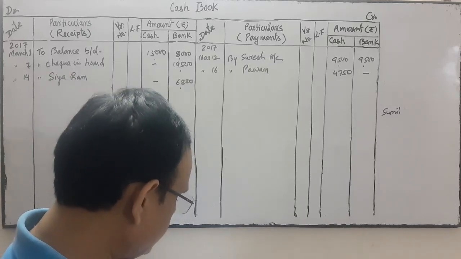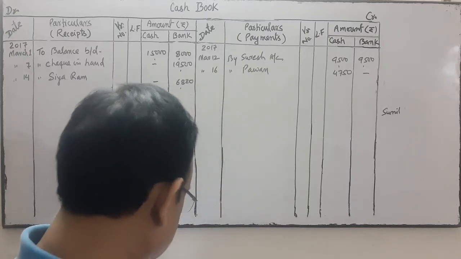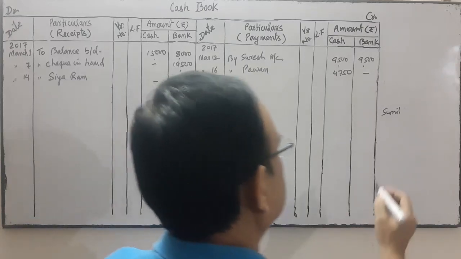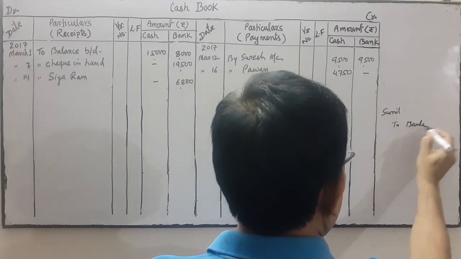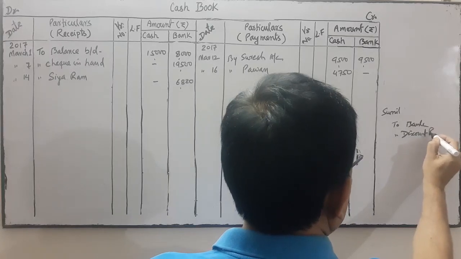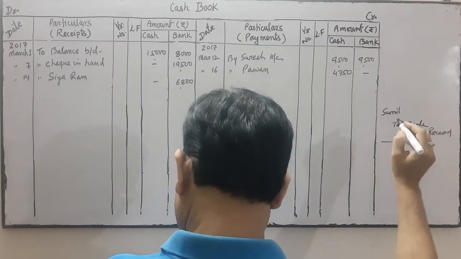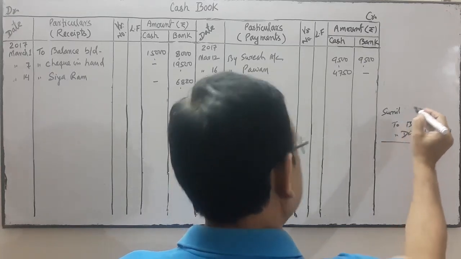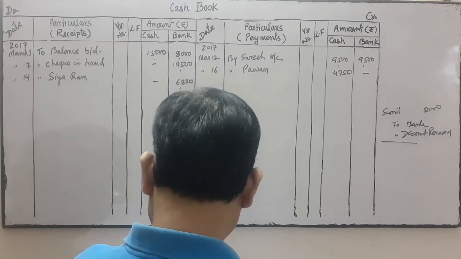But here on the 17th, we are going to pay that amount. Its payment was made today by check. So Sunil account debit to bank account, to discount received. Okay, so how much is the amount? 8,000 is the amount we have to pay, and cash discount is 5%.